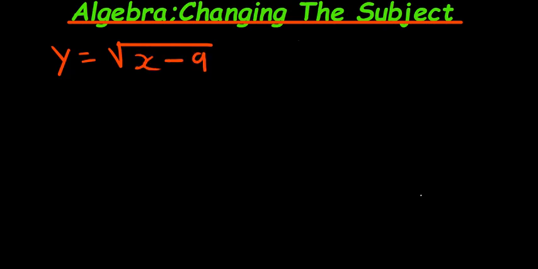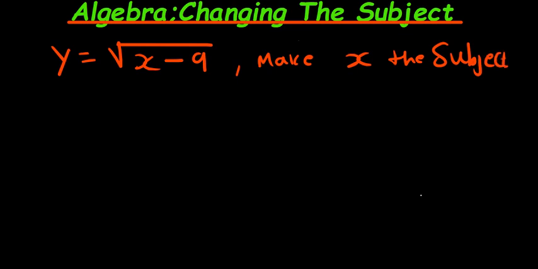How do you make x the subject? So make x the subject of the formula, which simply means that whatever we do with this expression, we come up with x as the subject.